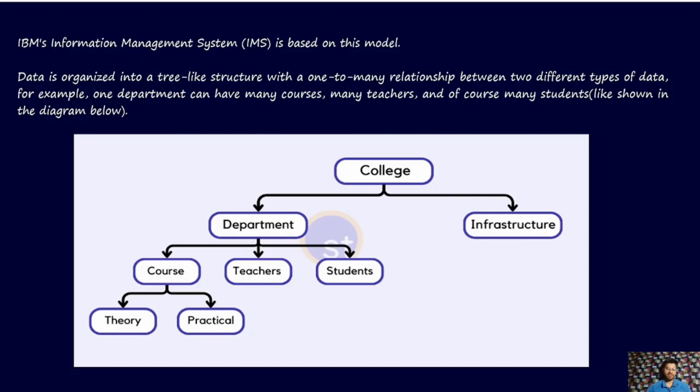For example, one department can have many courses, many teachers, and of course, many students, as shown in the figure. The advantage of it is the one to many relationship between different types of data, so it is easier and fast to fetch the data.